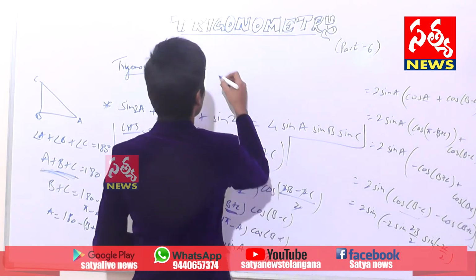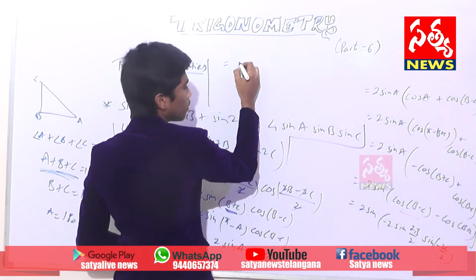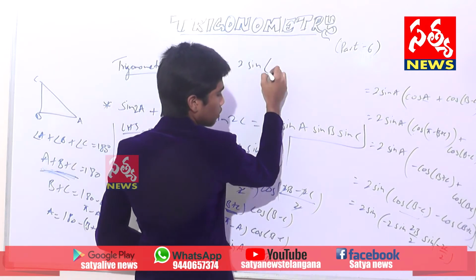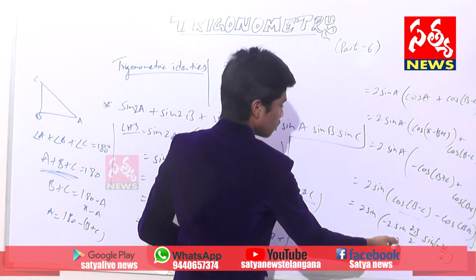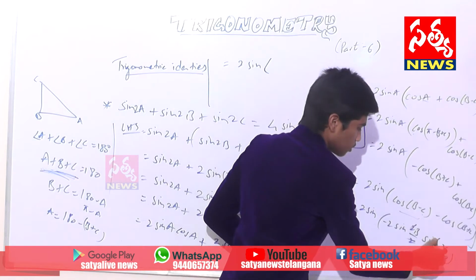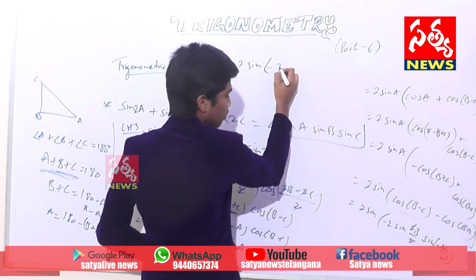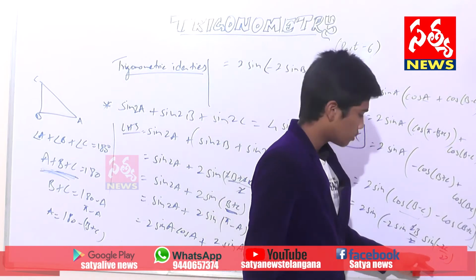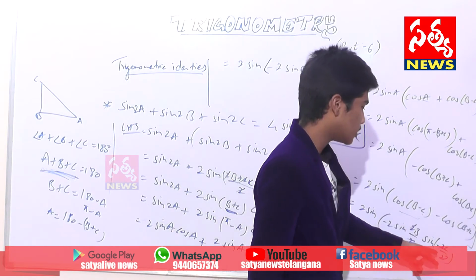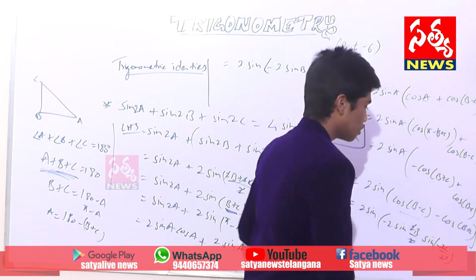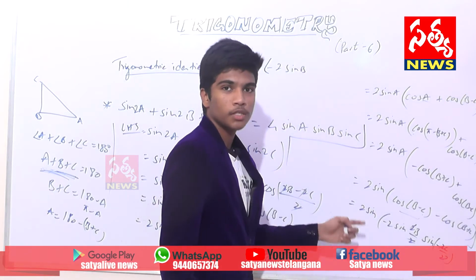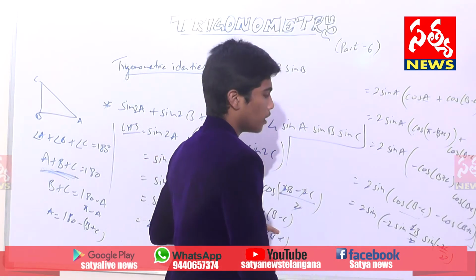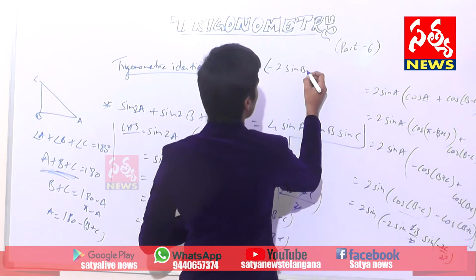Now I'm writing here 2 sin, 2 gets cancelled, minus of 2 sin B, as minus sin of minus theta is equal to minus sin theta. I have said these basic properties in the 4th part and 5th part. You can watch that.